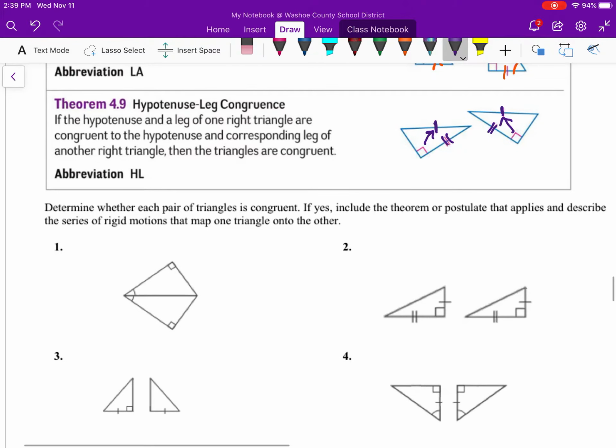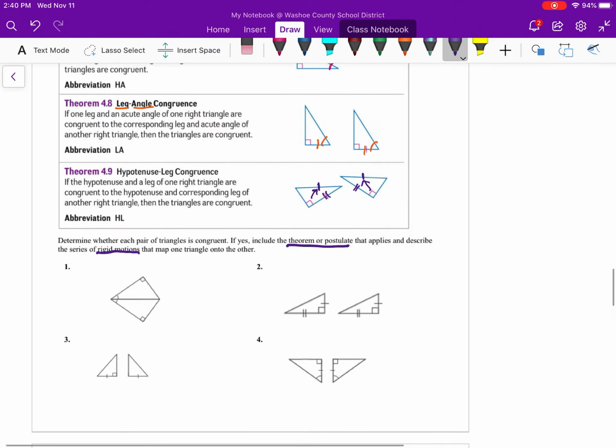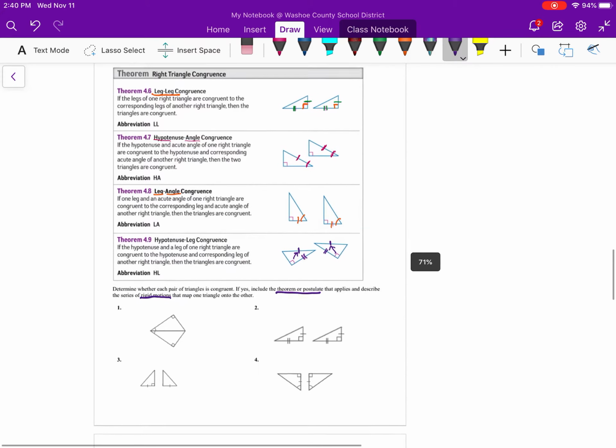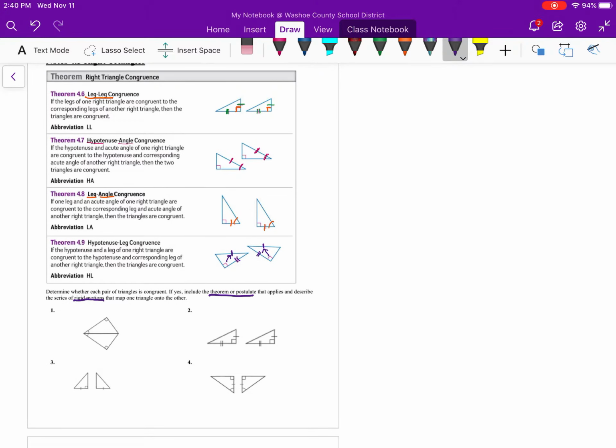Okay. So for these four pictures, I want to determine which postulate or theorem applies to the pictures that are given to me. And then if I were to go back and think about chapter 3 of rigid motions, how would I get these to map themselves onto each other? Okay. So here, I'm going to zoom out so you can see most of these.